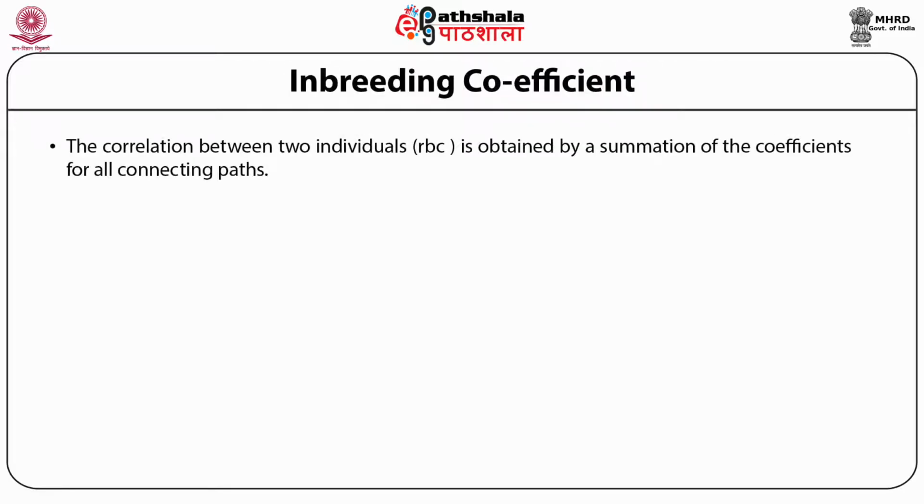The correlation between two individuals, that is RBC, is obtained by a summation of the coefficients for all connecting paths.